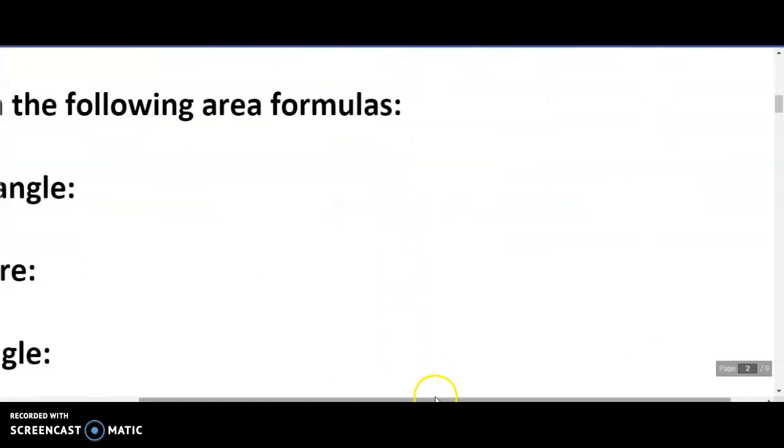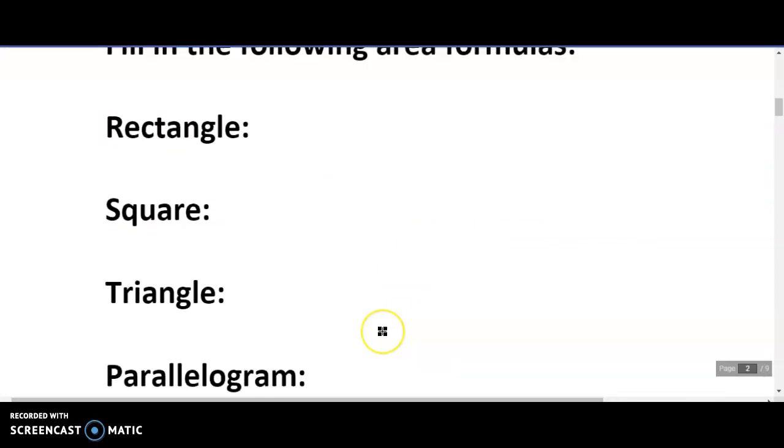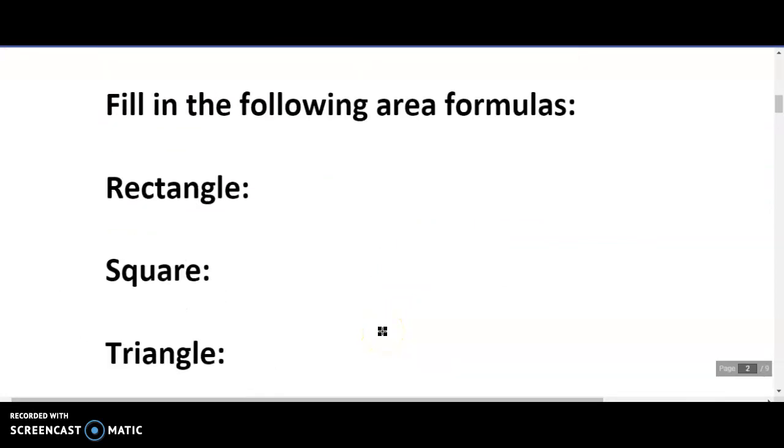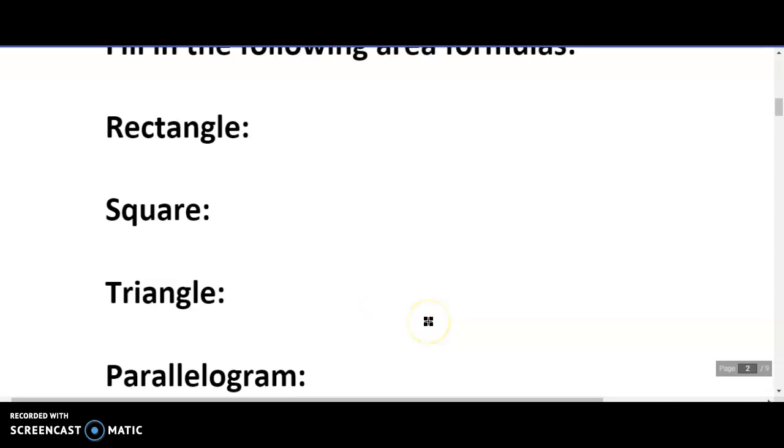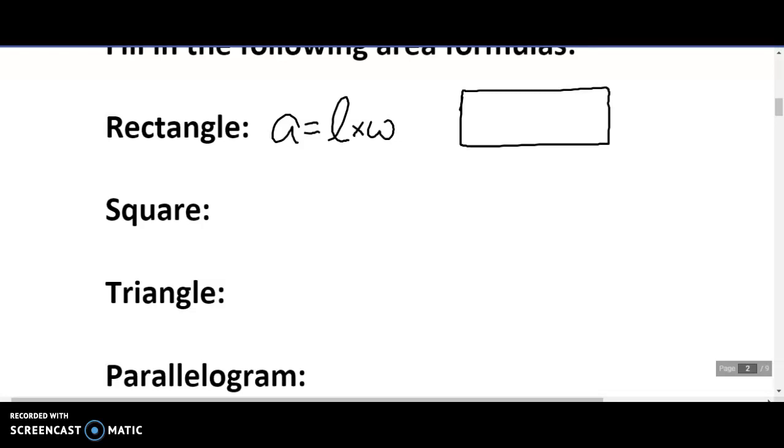Now, you should have remembered from last year, but every shape has its own area formula, and that's going to be really important for volume. So just to go over the shapes and their area formulas, a rectangle has an area formula of length times width. And again, that's what a rectangle would look like.